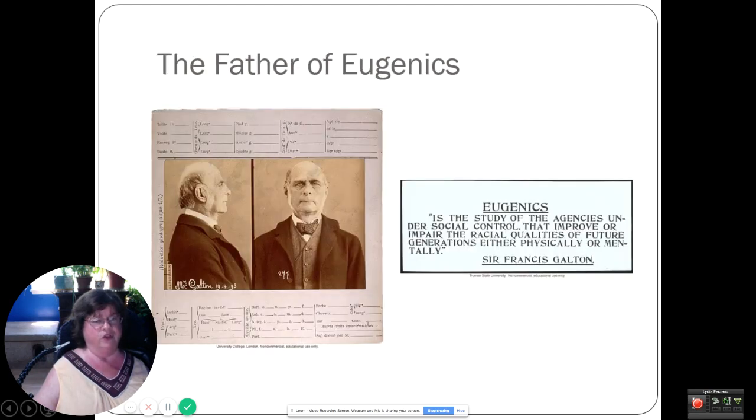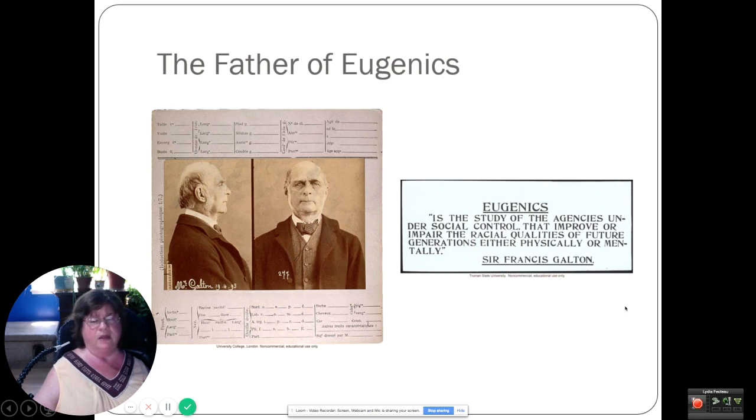The father of eugenics is this guy right here, Francis Galton. Francis Galton actually has a side fame in that he was the inventor, or the person that first discovered fingerprints and categorized fingerprints.